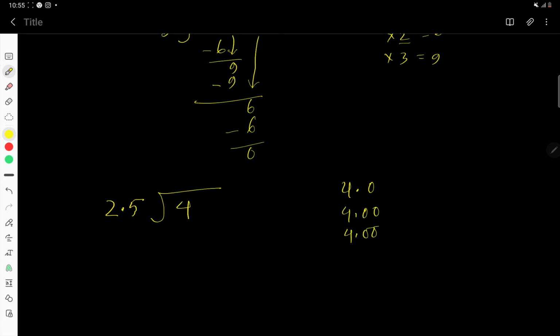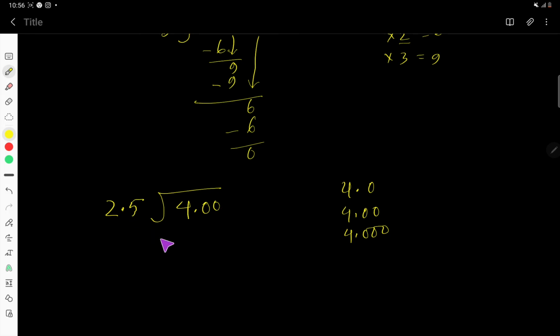That is, after the whole number you can consider a decimal point, right? And after the decimal point you can write any number of 0s. So you can rewrite this 4 like 4 decimal point 0 0, right? Or 0 0 0. You can write 0s according to your need.